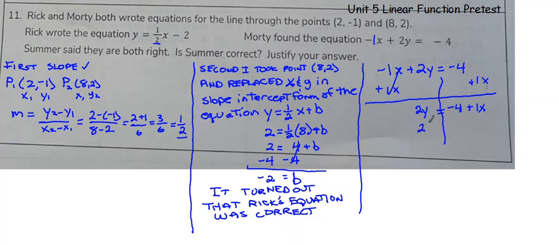And well, we know that we can reverse the order of these two terms. So now I've got 1x plus negative 4. And adding a negative is the same as subtracting a positive. So this becomes 2y equals 1x minus 4.